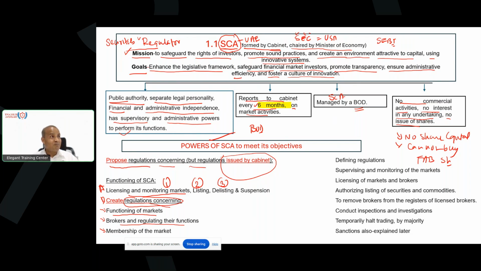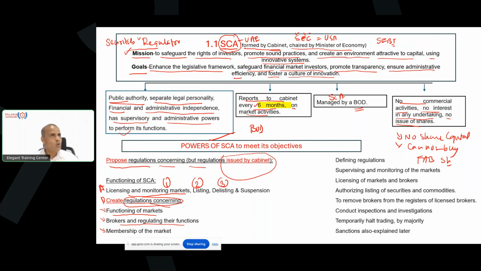All the membership criteria and all the regulations regarding the functioning of markets and brokers are devised by whom? By the SCA. Clear?